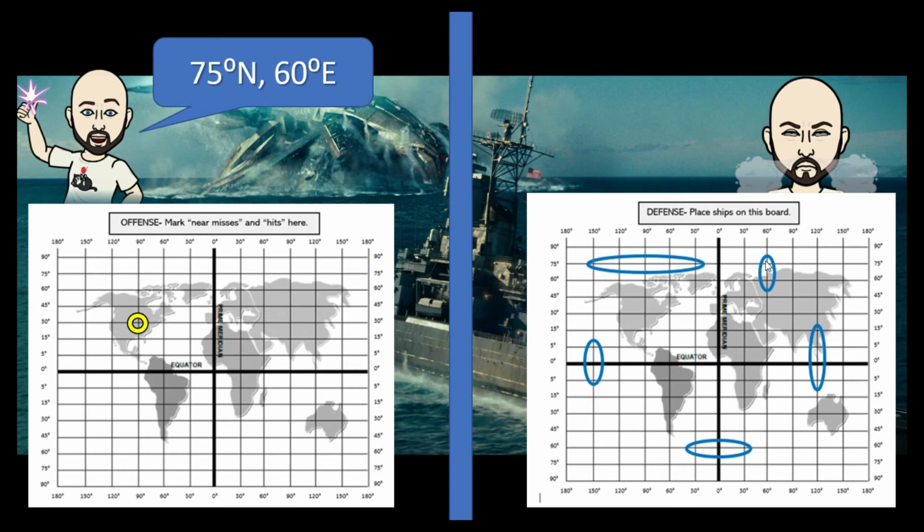That is where a ship is located. So this guy will say hit. When this guy says that, this guy will put an X at that coordinate, so he knows that he hit a ship here. Then this guy will put an X over his ship so he knows that ship is partially destroyed.